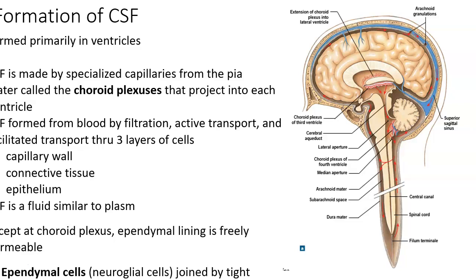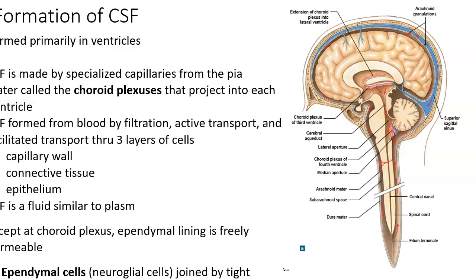So the cerebrospinal fluid is made by these specialized capillaries from the pia mater. They're called choroid plexuses that project into each of the ventricles: the two lateral ventricles, the third and the fourth ventricle. So you'll see a couple different areas of the little red choroid plexus.